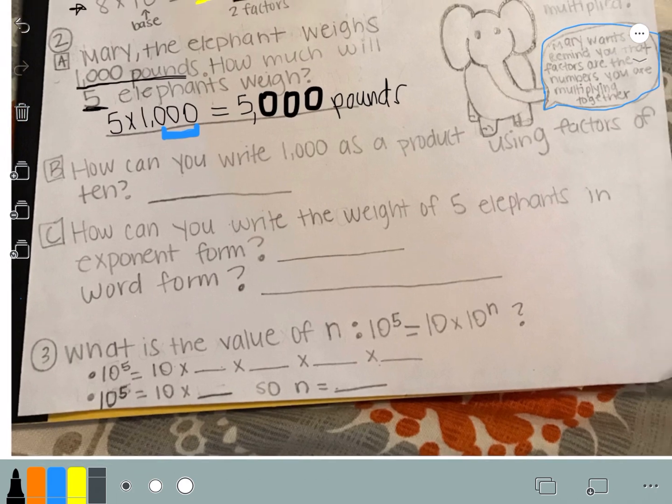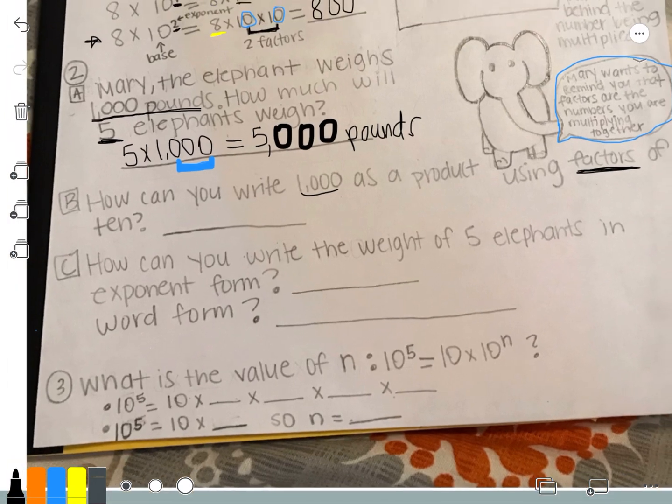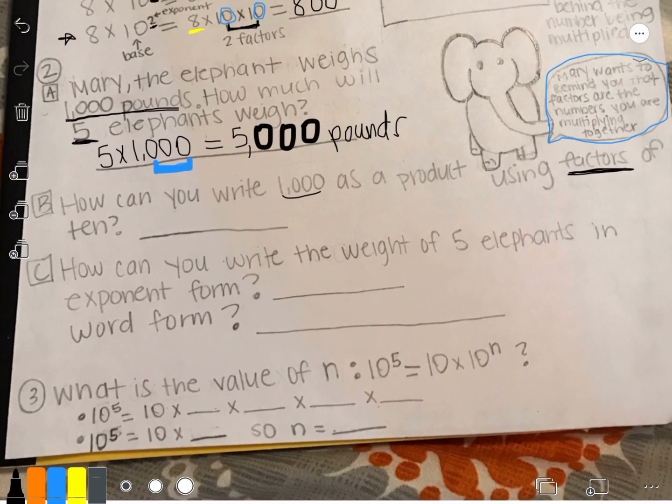Now the next questions get a little more tricky because you have to really think. It says, how can you write 1,000 as a product using factors? If you read Mary's tip, Mary reminded you that factors are the numbers you have to multiply together. Now, this is a problem we really haven't done yet. That's why it's in our practice. That's why we're doing it together.